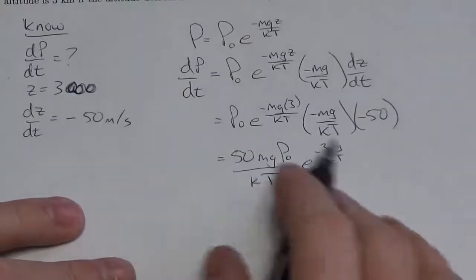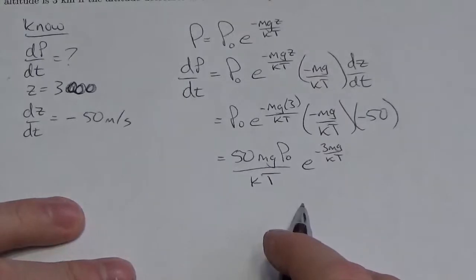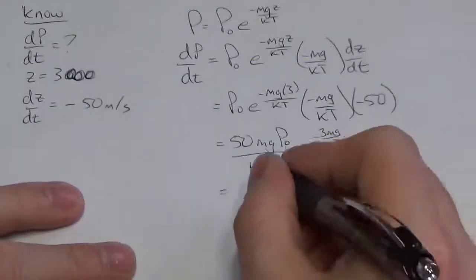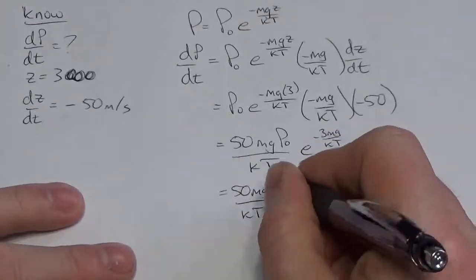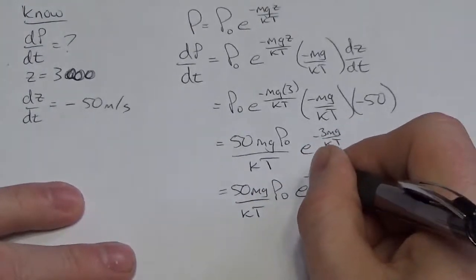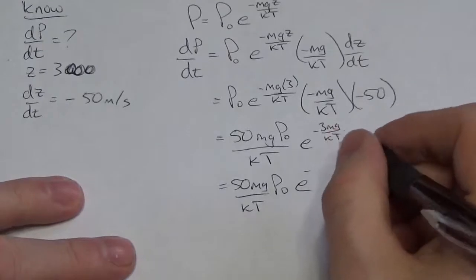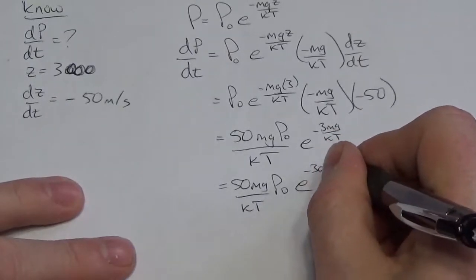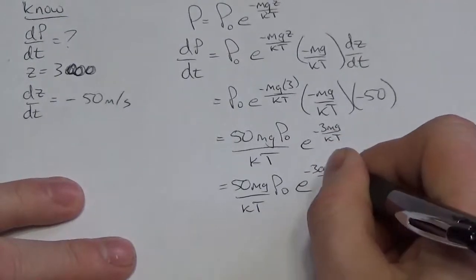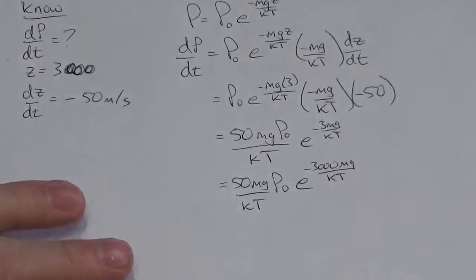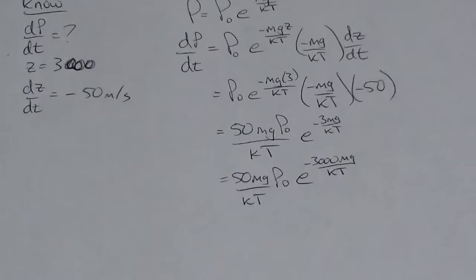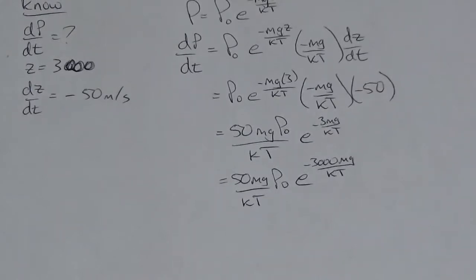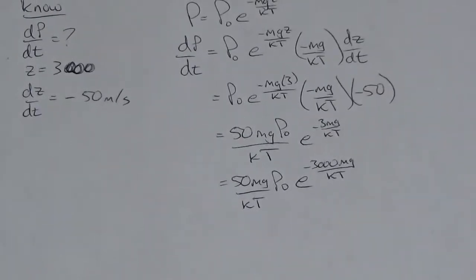So that actually changes this expression a little bit. This will be 50 mg over kt P naught e to the negative 3,000 mg over kt. Okay, sorry about that. That was completely unintentional, but there you go.